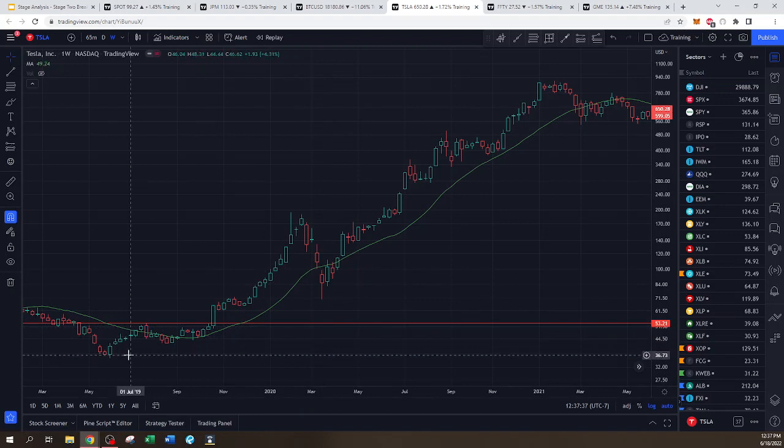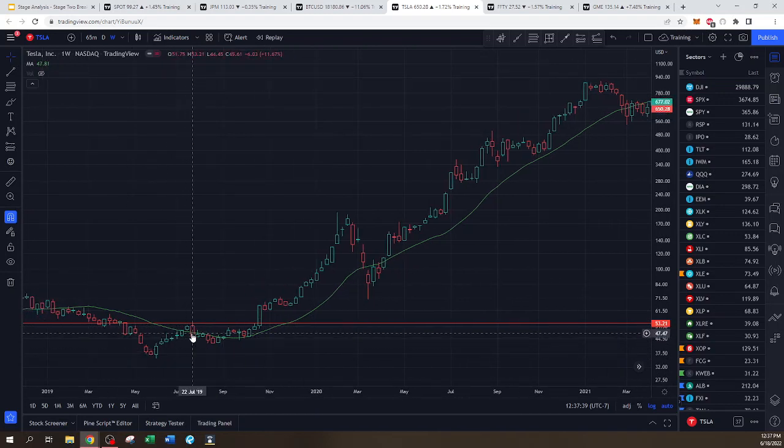Moving on to Tesla. So back here in July of 19, we get our first resistance for stage 1, and then in October of 19, we get our breakout into the stage 2. Things got really overextended here, and price fell below the 20-week moving average.